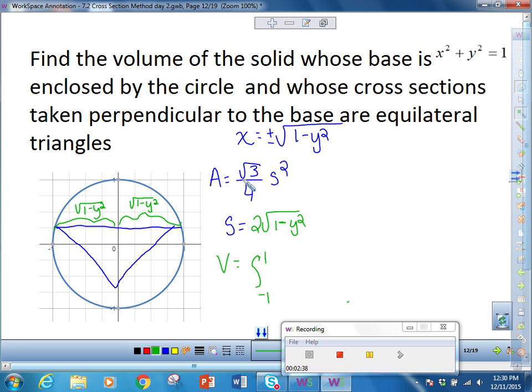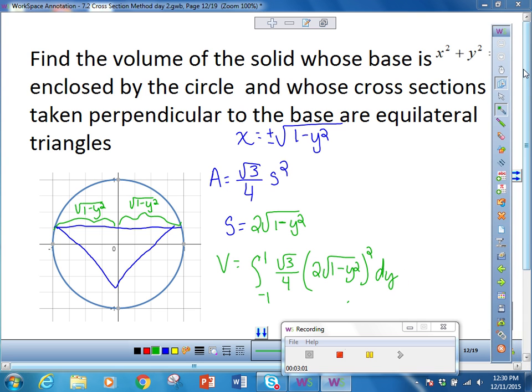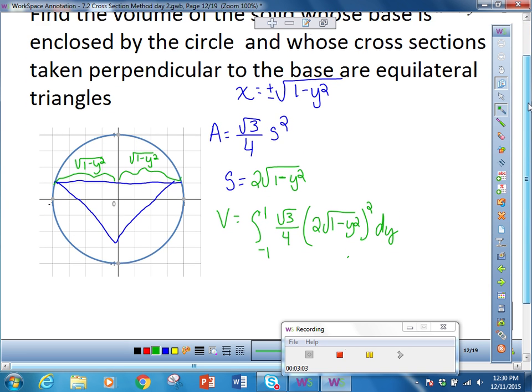-1 to 1, and it's going to be radical 3 over 4 times s squared, where s is 2 square root of 1 minus y squared, quantity squared, dy, thank you. No, we don't need pi, only if it's a semicircle or a quarter circle. That's the only time we're going to need pi.